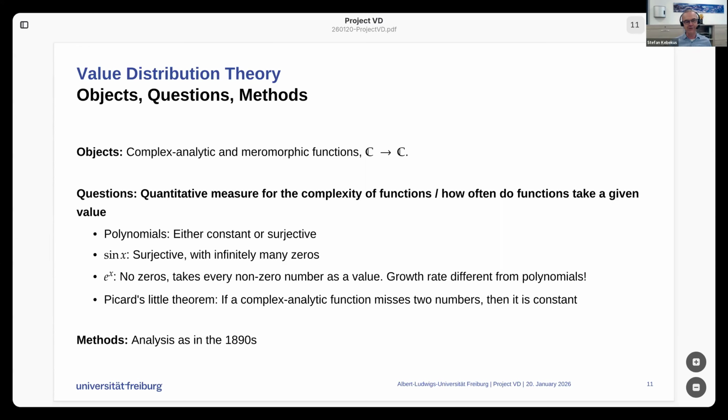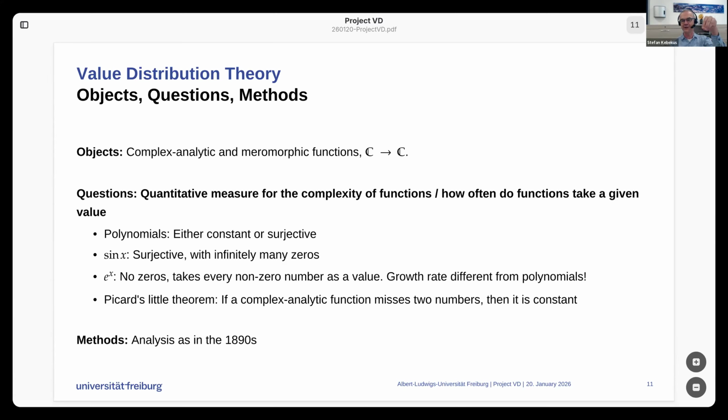Measure the complexity of functions by taking into account what values they take, how often they take them, whether they take them infinitely often or only finitely many times, and the density of points where values are taken, like the density of zeros.